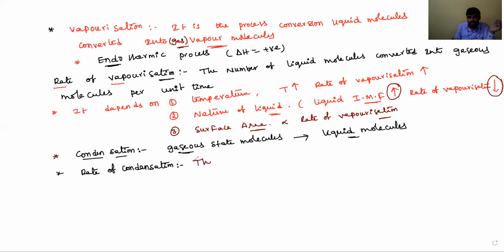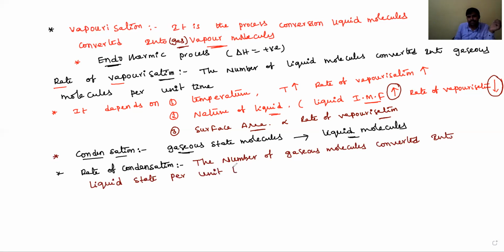The number of gaseous state molecules converted into liquid state per unit time is known as the rate of condensation. In this condensation process the gaseous molecules are converted into liquid state molecules, which means delta H is negative, meaning exothermic. It is an exothermic process.